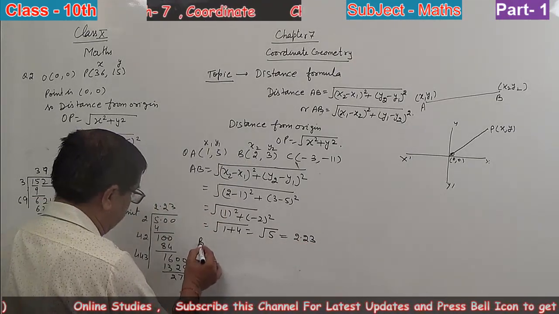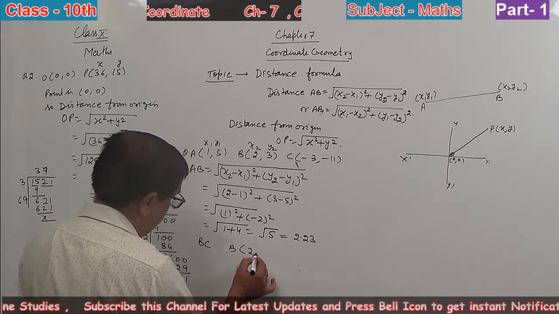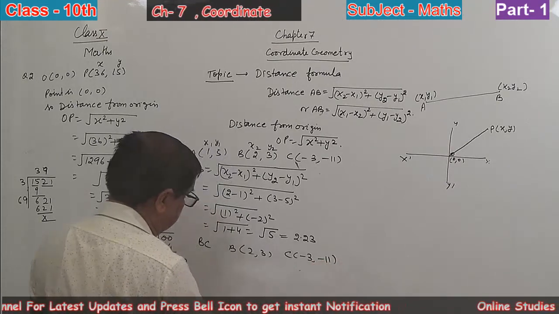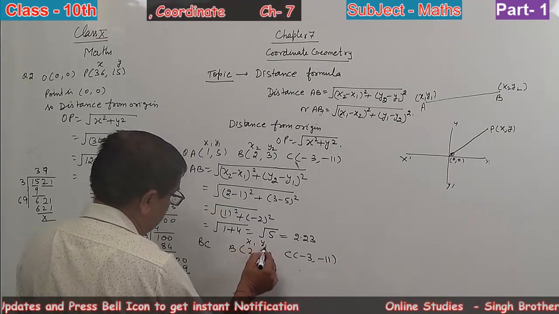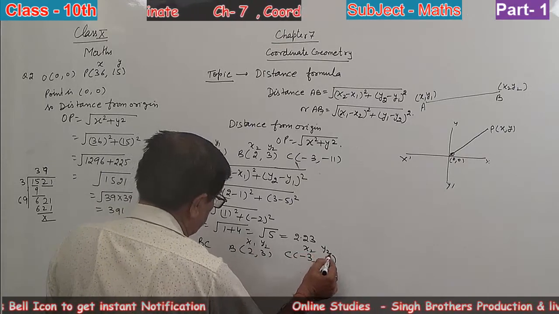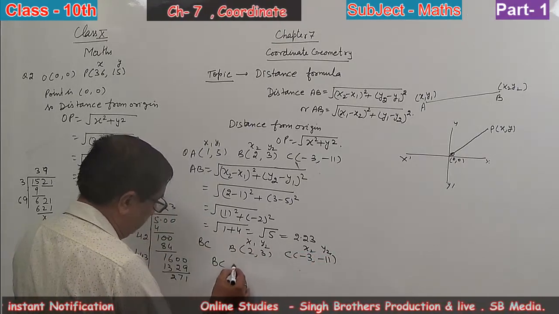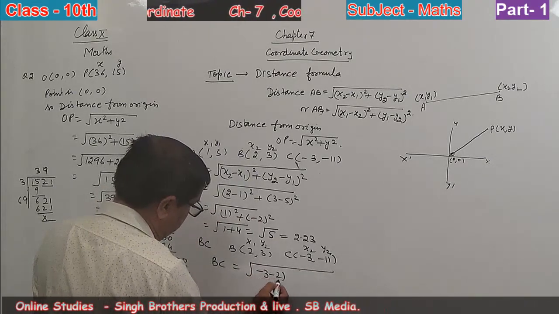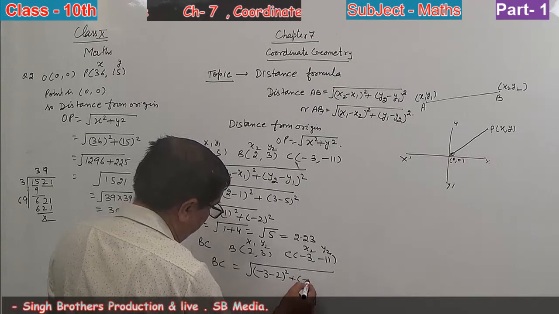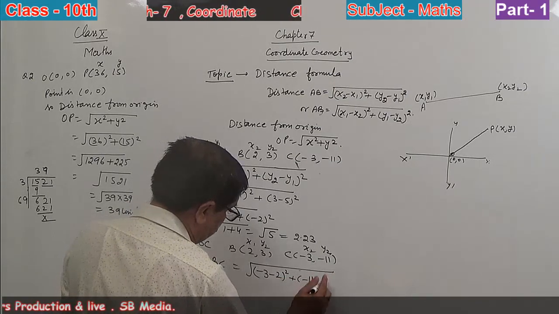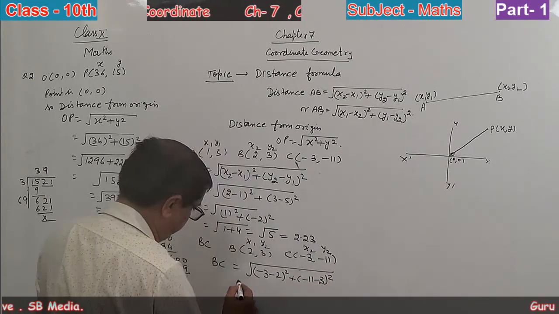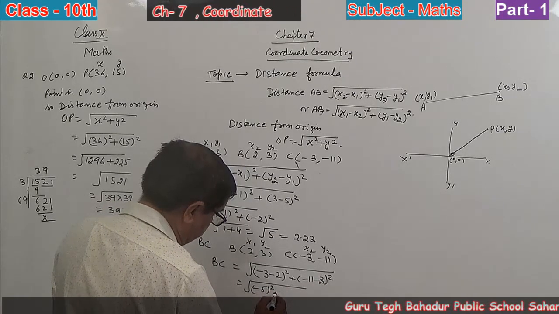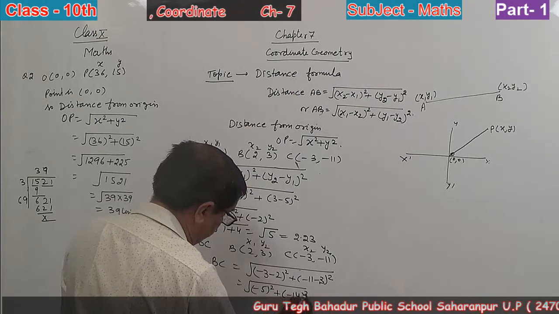Now find BC. B is 2, 3 and C is minus 3, minus 11. So this is x1, y1, x2, y2. For BC, again apply the formula: x2 minus x1 whole square plus y2 minus y1 whole square. So it is minus 5 square plus minus 14 square.